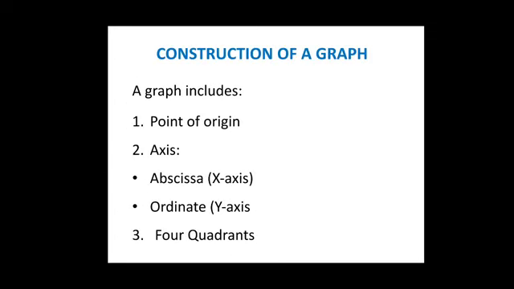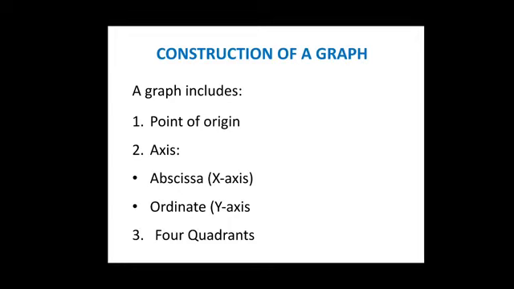Now, let's explain how to construct a graph. Students, in the construction of graphs, two simple lines, one horizontal line and one vertical line, which are called axes, are first drawn. The two lines intersect each other at right angle.